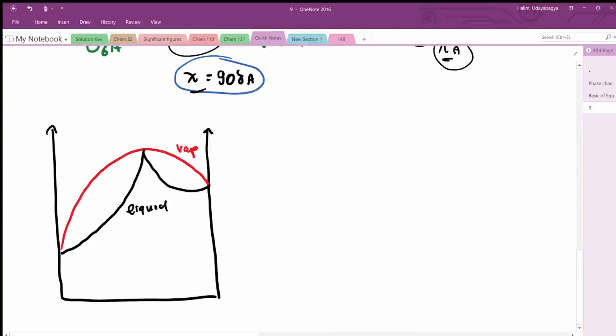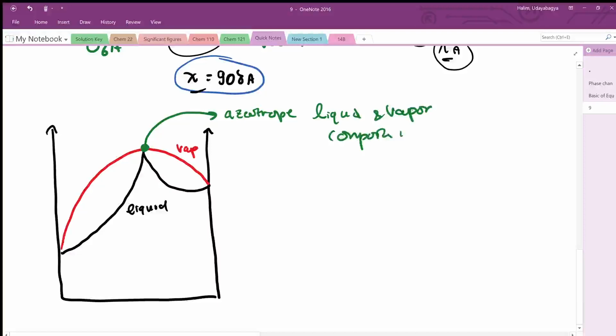So before I go over there, the azeotrope is essentially a location here. This is the azeotrope where the liquid and vapor composition is the same.